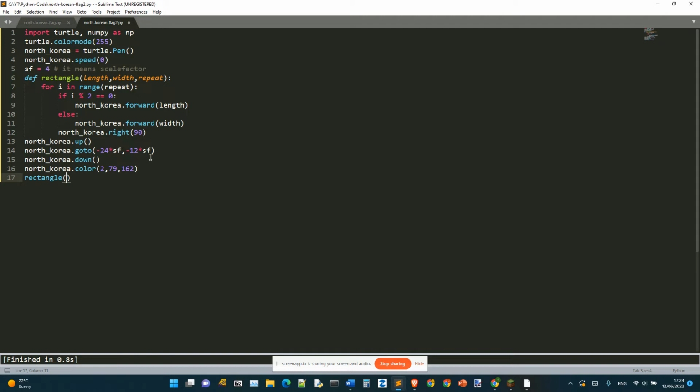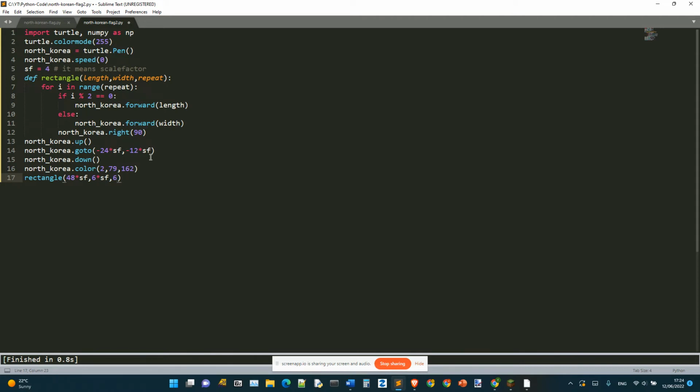Rectangle, 48 times SF, and the little bit is 6 times SF. And we're going to repeat it 6 times.